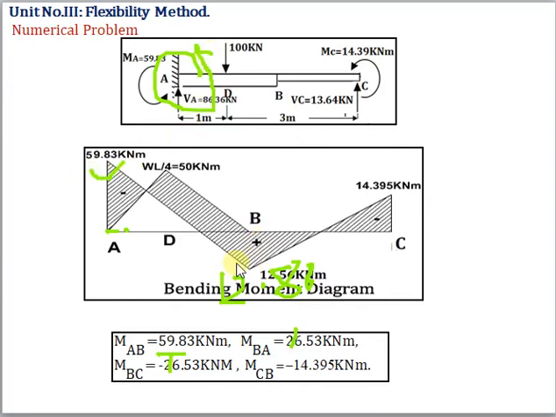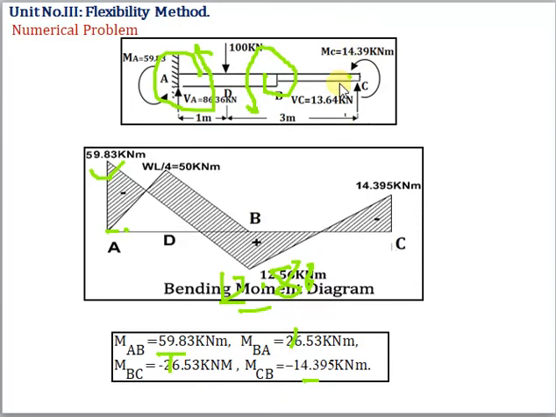Now at B, our value is 12.88 positive. So keep the pen close to B and rotate in an anti-clockwise sense about B. It comes down, so show 12.88 in the downward direction. And last is at C, the value is minus 14.395 kilonewton meter.